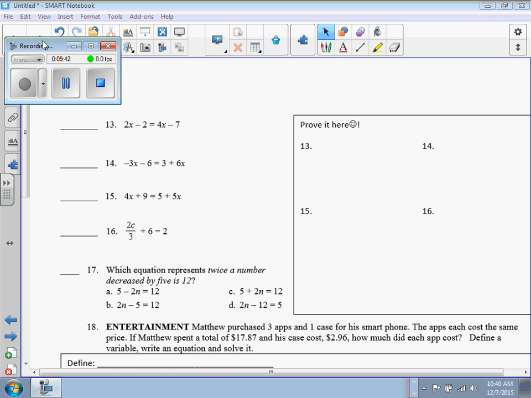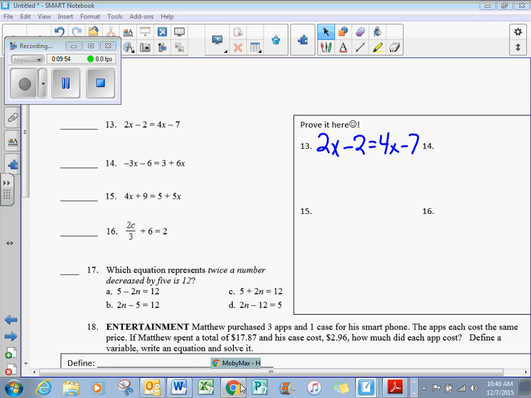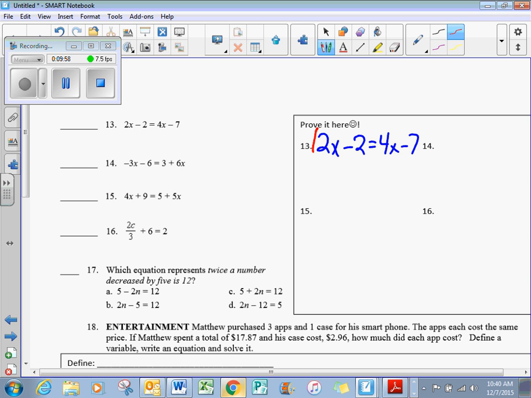Okay, when we have variables on both sides, it just involves a little bit of extra, probably another step or so. It just depends. So on this one, it's important to identify the variables. If I want to get my x's together, I'm just going to subtract 2x from both sides.